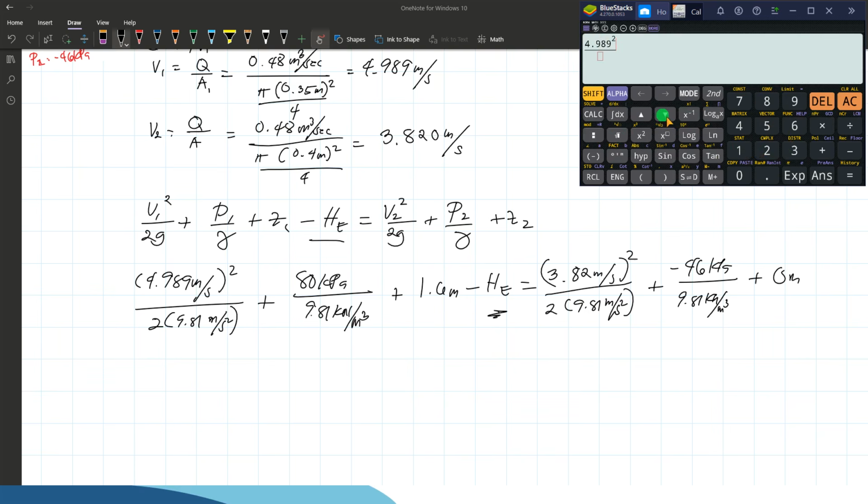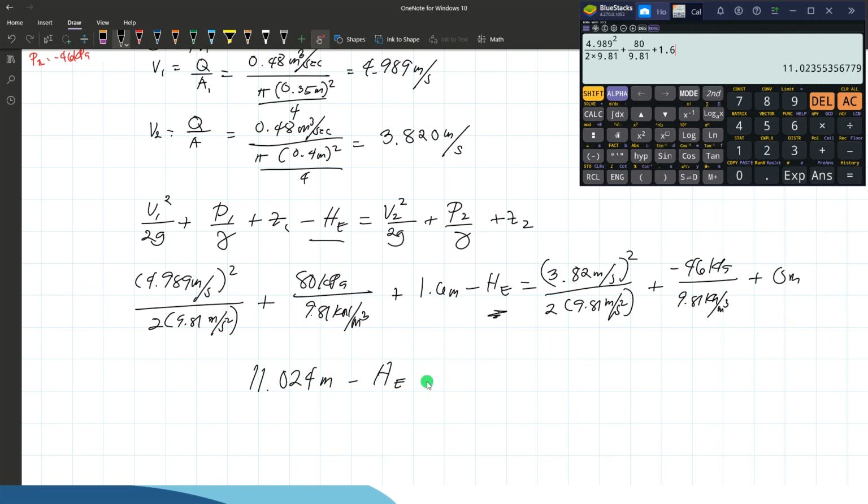So let's solve. 4.989 squared over 2g plus 80 over 9.81 plus 1.6 is 11.024 meters.